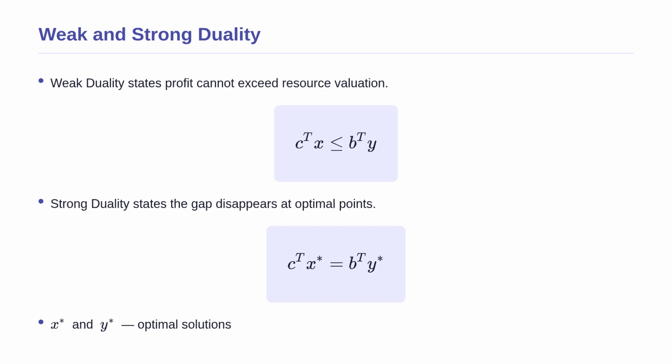But the fundamental theorem of duality, also known as strong duality, takes this a massive step further. It states that at the optimal points, which we call X star and Y star, the gap between these two values completely disappears. The maximum possible profit exactly equals the minimum possible cost. If the optimal profit increases, the optimal cost must increase by the exact same amount.